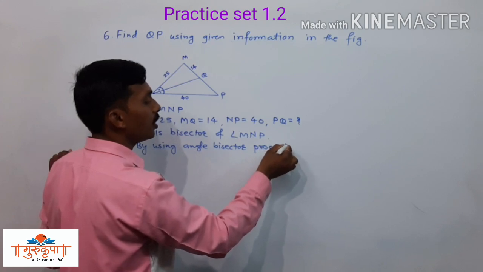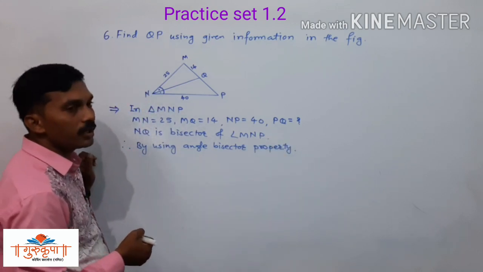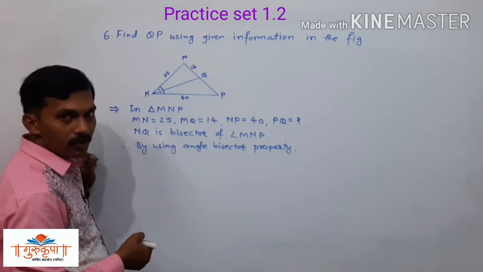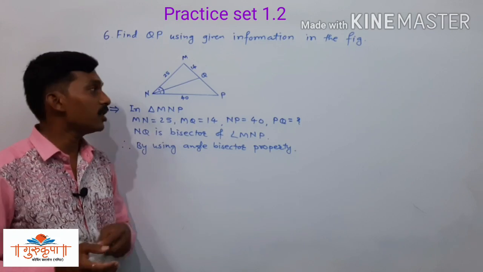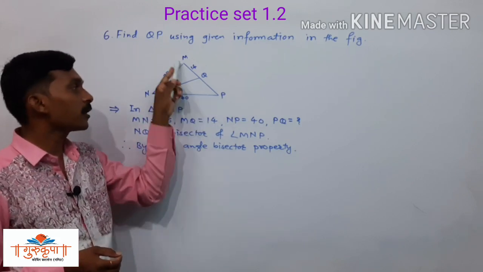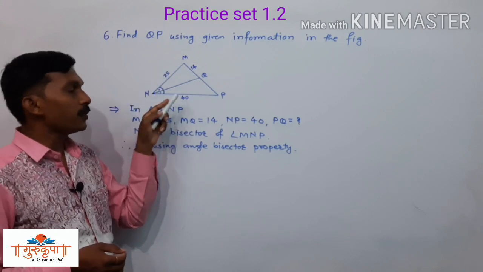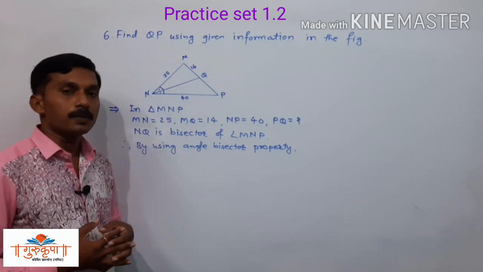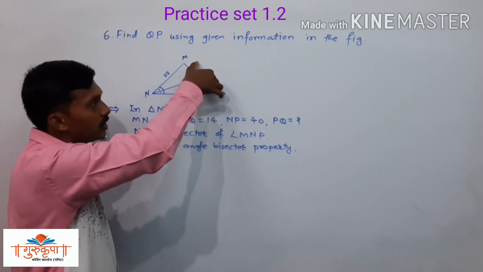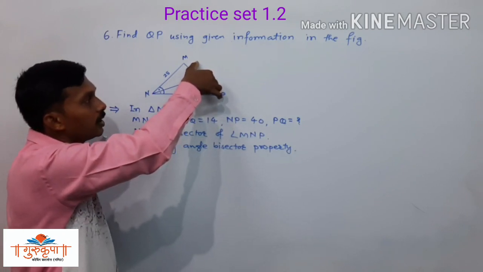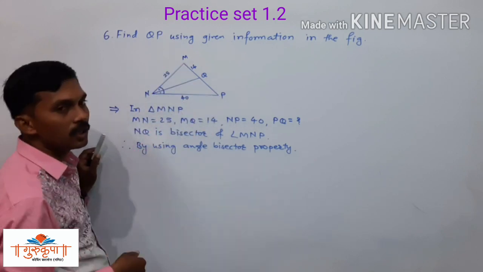Now we know that the angle bisector property, if the angle bisector of an angle is drawn, then the side opposite to that angle, that is PM, and the remaining two sides are divided proportionally. It means that ratio of these two parts, that is MQ upon PQ, is equal to ratio of these remaining two sides, that is MN upon NP.